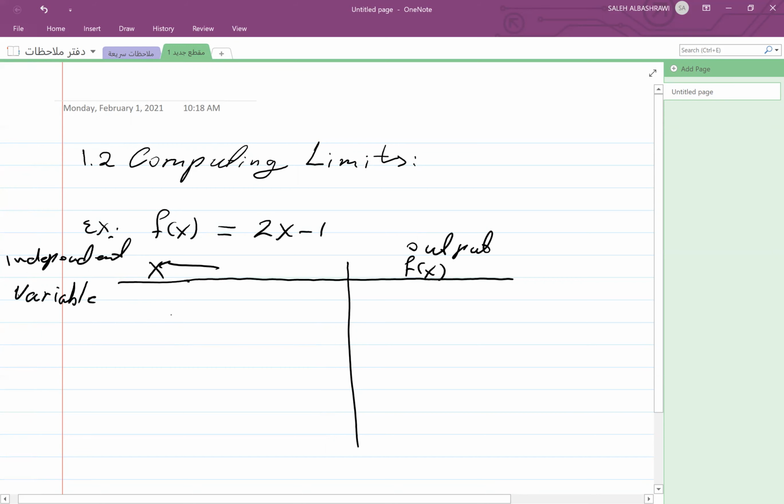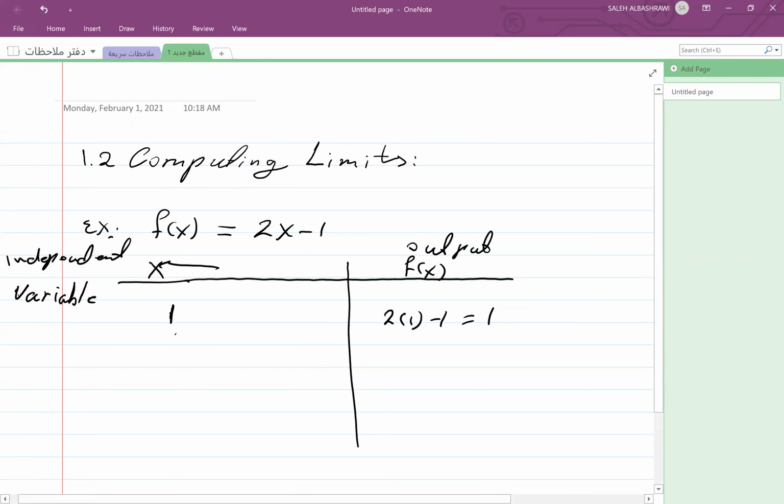Substitute x in the function: I will have 2 multiplied by 1 minus 1, which is equal to 1. So when x equals 1, f of 1 will be 1. The output is equal to 1.